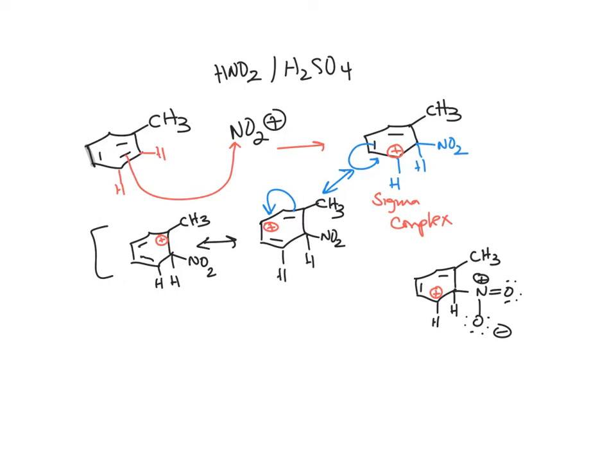And so this is your sigma complex, and then the next thing that would happen is your HSO4 minus would come and take the hydrogen here, and that hydrogen would re-aromatize after abstraction, and this shows you the ortho nitrobenzene. Okay, so that is our mechanism.